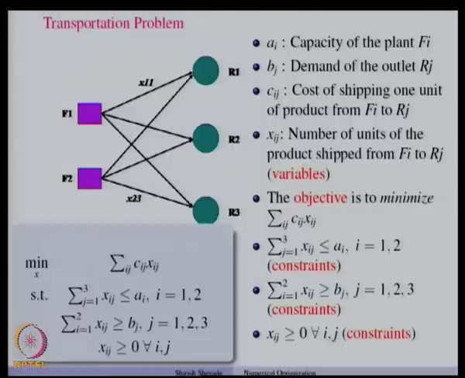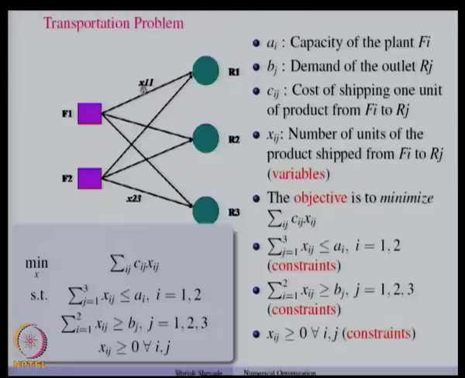Every plant has a capacity of producing some Ai units of that commodity, and every retail outlet has a daily demand, which we denote by Bj corresponding to the outlet Rj.